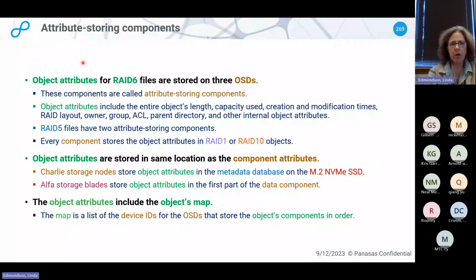There are object attributes for the files themselves. The objects themselves are stored on 3 OSDs on RAID 6, 2 OSDs on RAID 5.